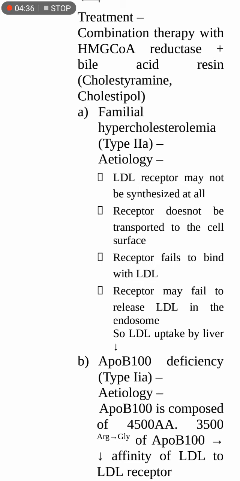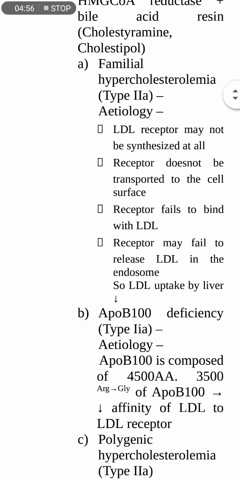After synthesis of the receptor by transcription and translation, it has to be transported to the cell membrane. If it is not transported, it may cause familial hypercholesterolemia.